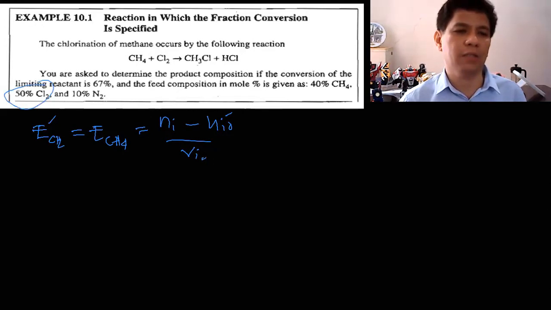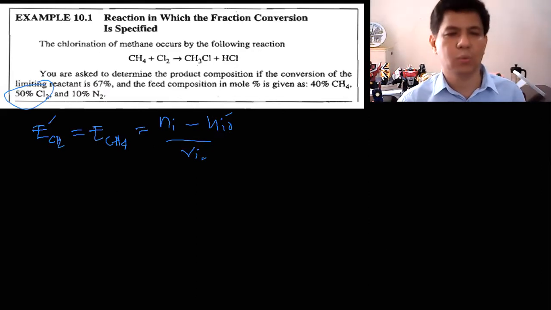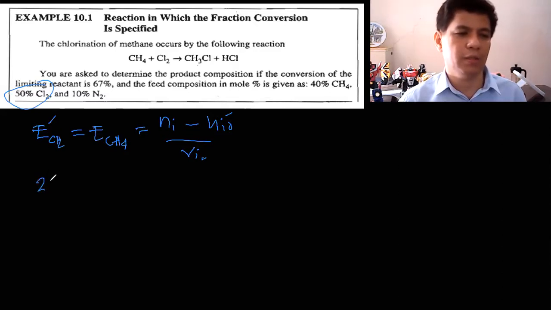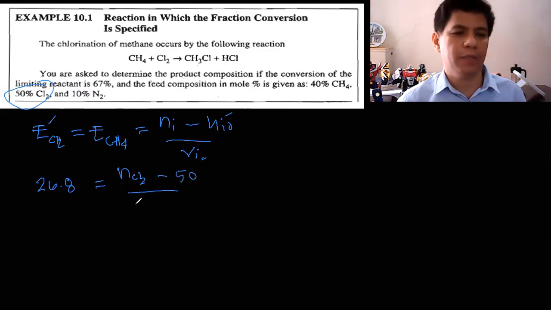What we can calculate here is the number of moles of Cl2 in the product. That's all. So the E, the extent of the reaction, is 26.8. Let's calculate the final number of moles of Cl2. Our initial is 50. Then we divide by negative 1.